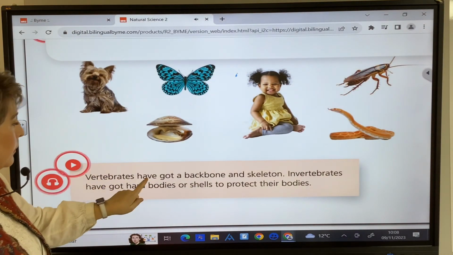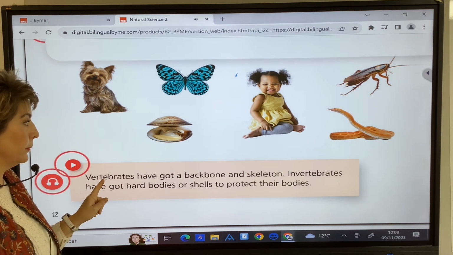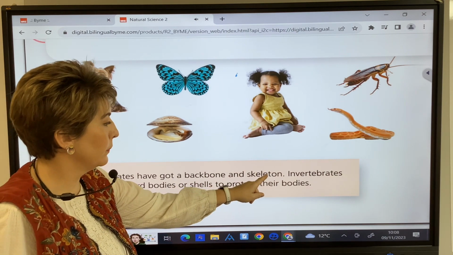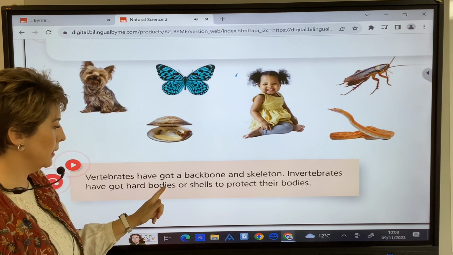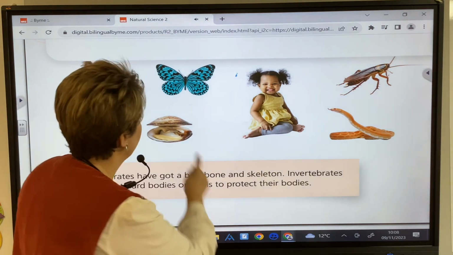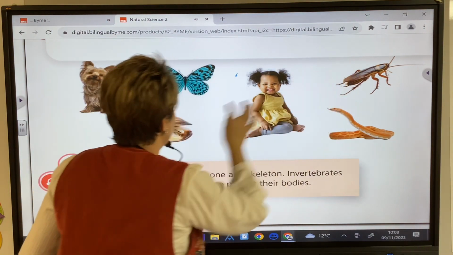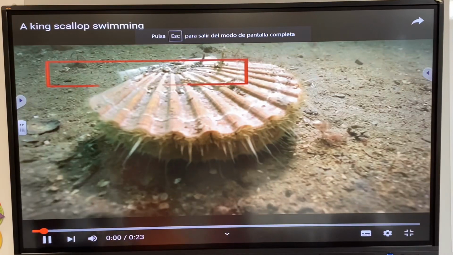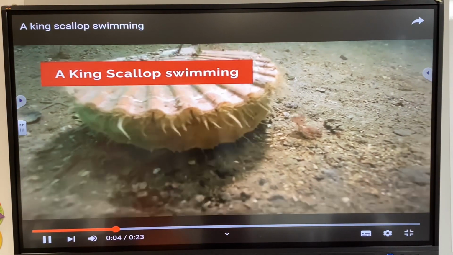Vertebrates and invertebrates. Vertebrates have got a backbone and skeleton. Invertebrates have got hard bodies or shells to protect their bodies. This king scallop is an invertebrate.